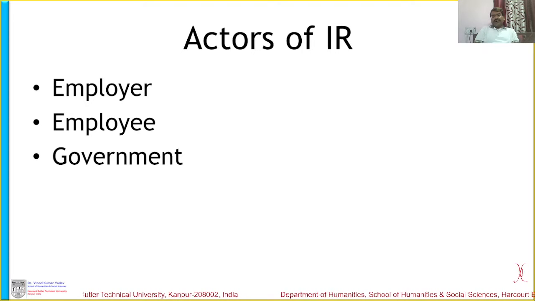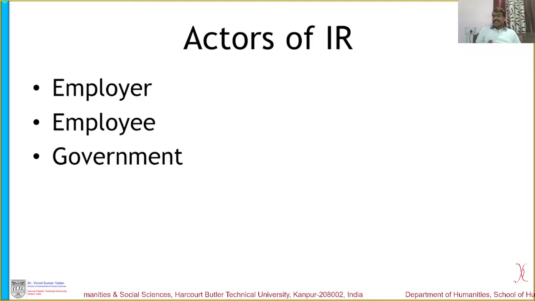It is very common to ask what the three actors of industrial relations are. You can say employer, employee, and government. Government, or the competent authority, is always a third actor to smoothen the industrial relation. Even management is considered to some extent within the definition of employer.